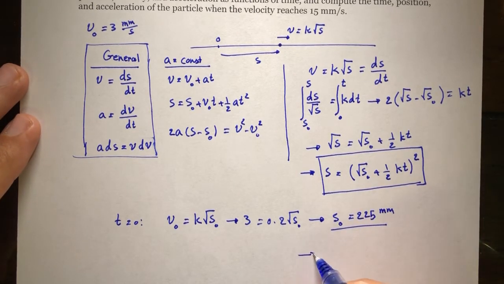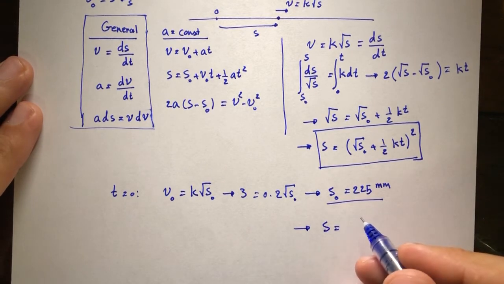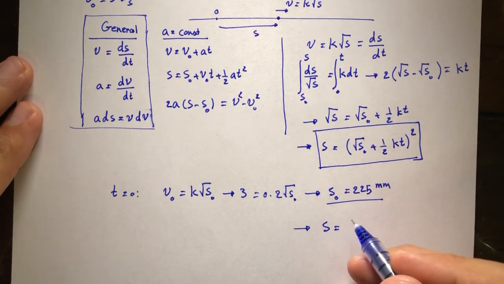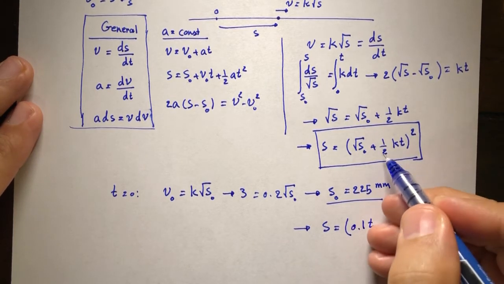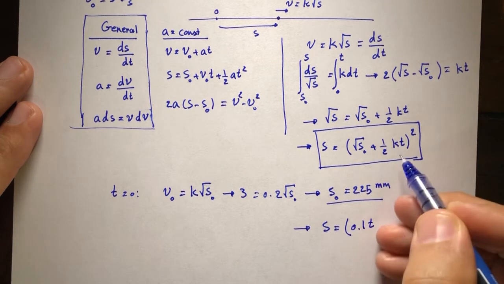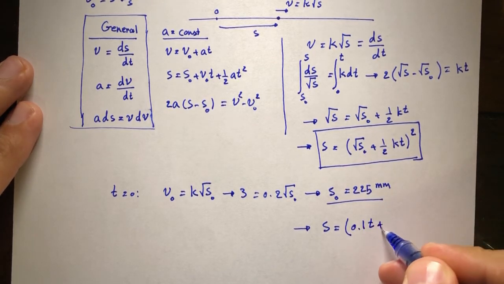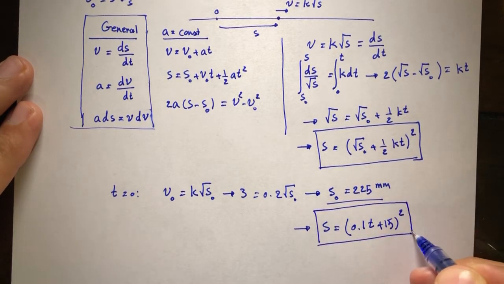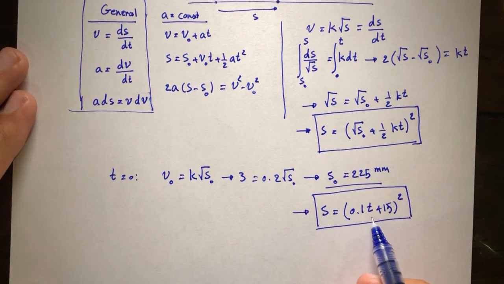So from here I'm going to have s equal to 0.1 times t, because 1/2 of 0.2 is 0.1, plus the square root of s naught, which is 15, all squared. Now I have the location of this particle as a function of time.